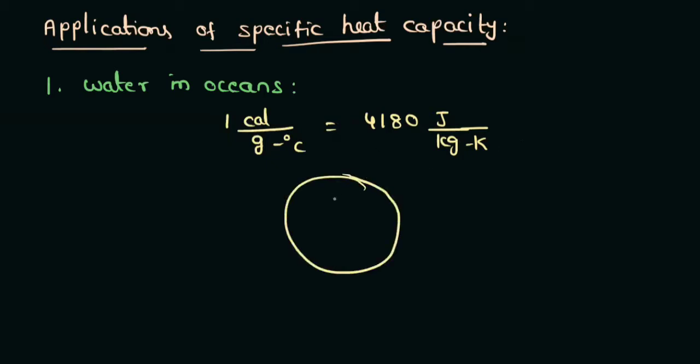Most of the Earth is occupied by water. At the equator, at midday, more heat can be absorbed by the water in the oceans. So if the specific heat capacity of water were less, what might happen?